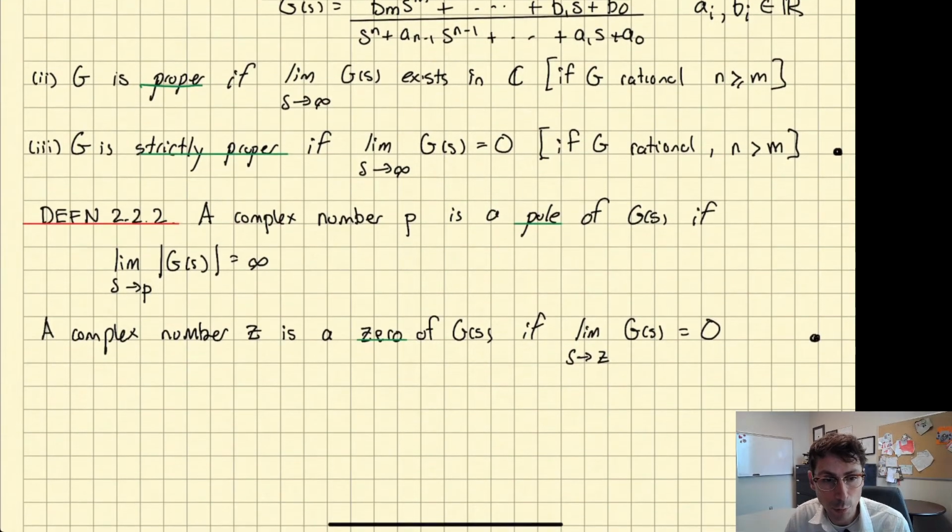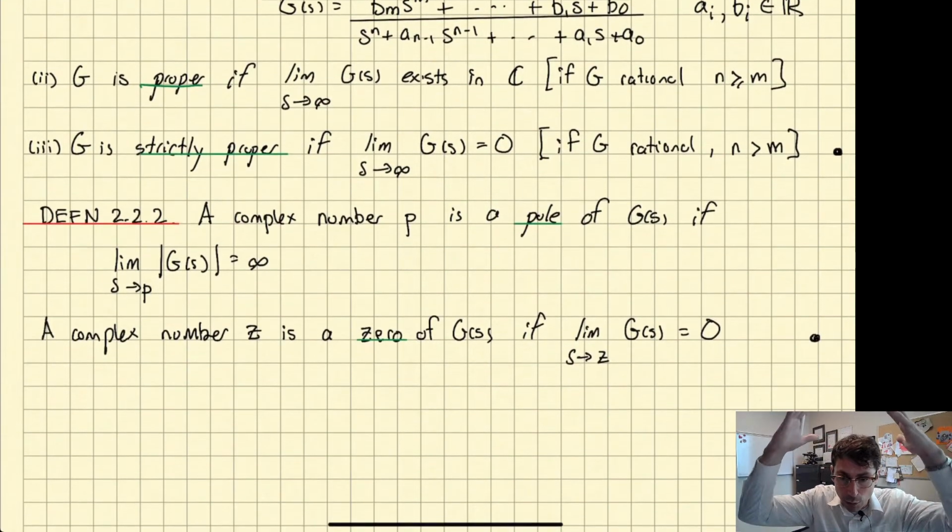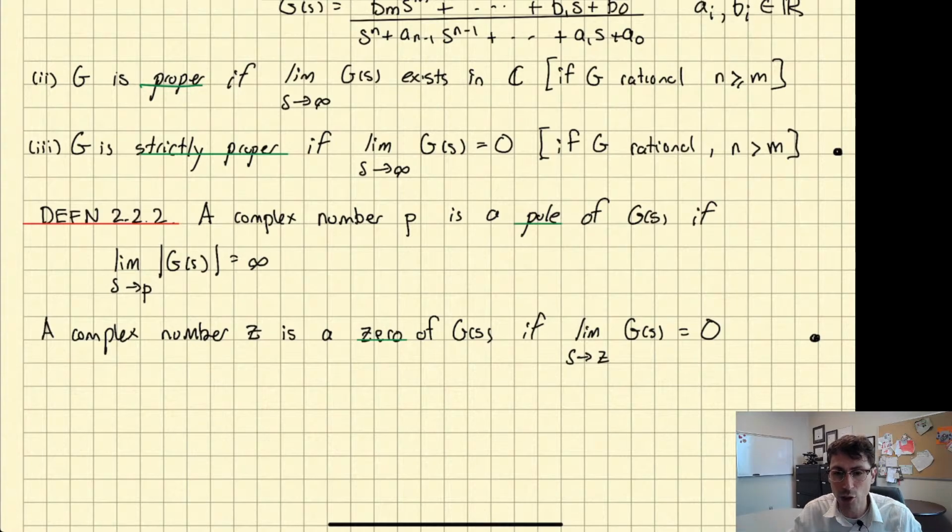Okay? So poles and zeros. Poles is where the G blows up. If you imagine plotting the value of G on the s plane, the pole is literally like a tent pole, right? You're pushing it up to infinity around that point. And then the zero, if you're plotting the magnitude, is the place where it touches zero, if you're drawing a 3D plot.